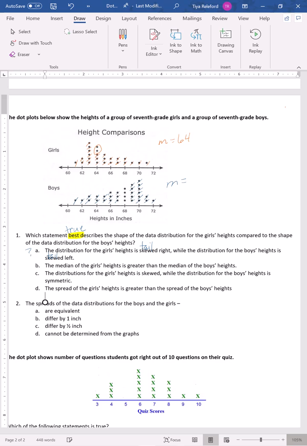I have the median 68. So the median for the girls' height, which we said is 64, is greater than the median for the boy's height, which we said was 68. Is that true? No.